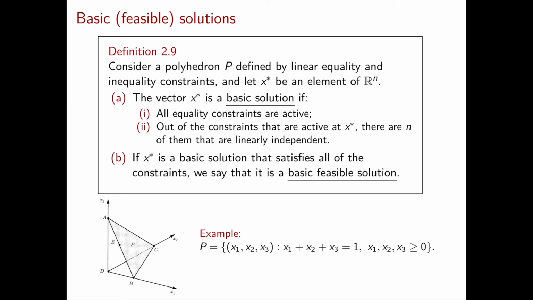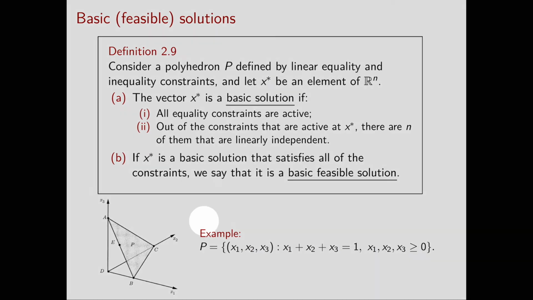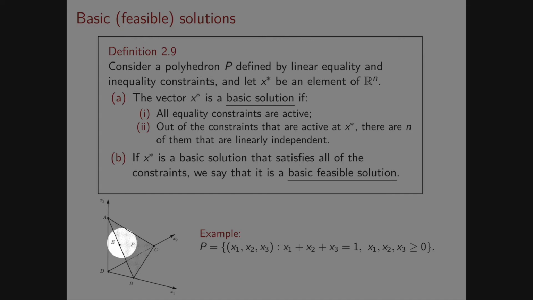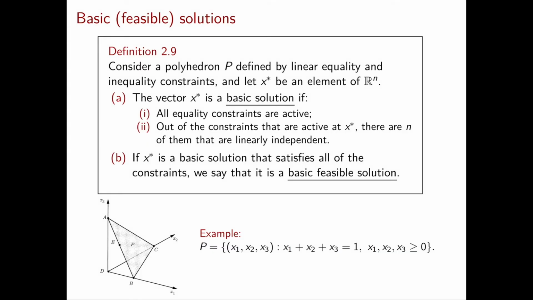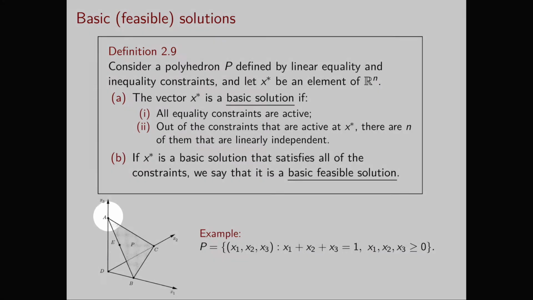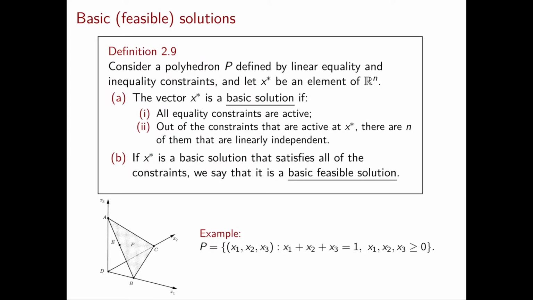So now we can focus on the remaining ones. All the remaining vectors A, B, C, and E satisfy condition 1. So now let's check the second condition. For each vector, we need to look at the active constraints at the vector and see how many of them are linearly independent. Let's start with A. Once again, the active constraints for A are x1 greater than or equal to 0, x2 greater than or equal to 0, and the equality constraint x1 plus x2 plus x3 equal to 1.